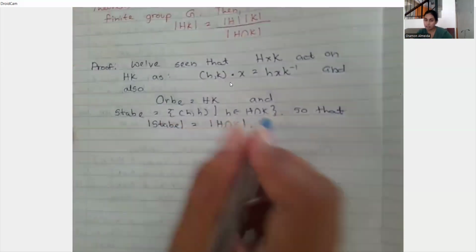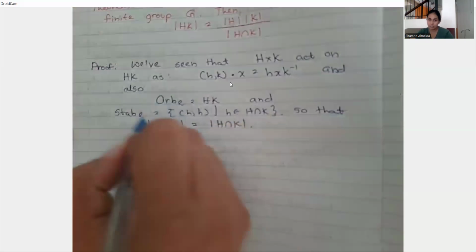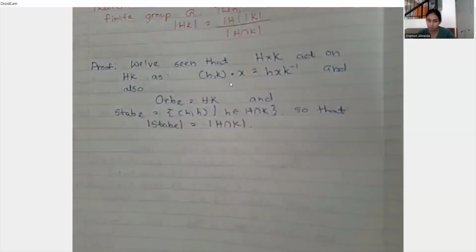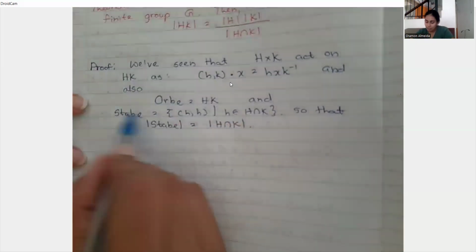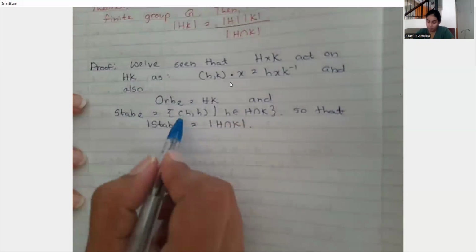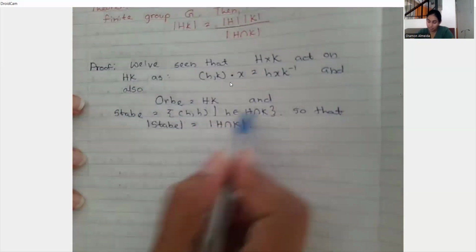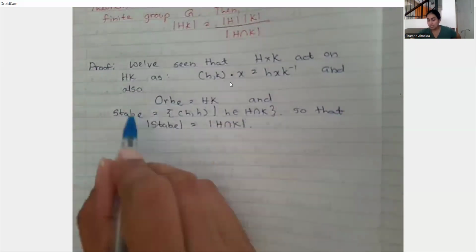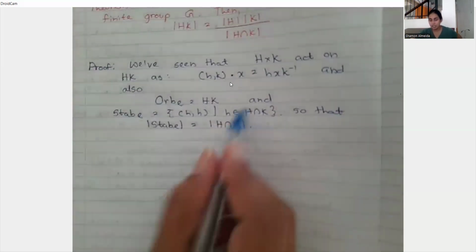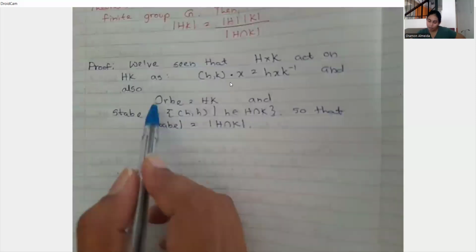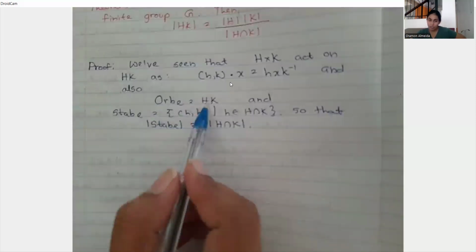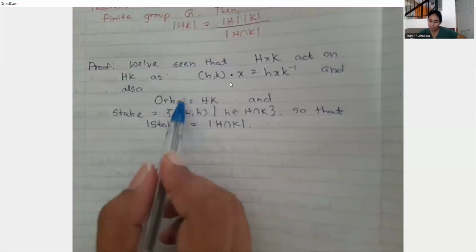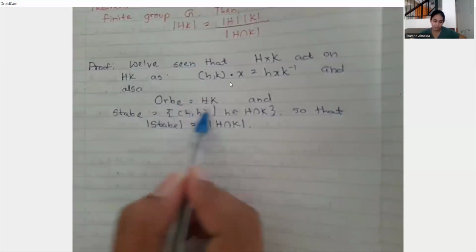Now, this intersection is finite because G is finite. The stabilizer contains elements of the form (h, h), where h comes from the intersection, so the number of elements in the stabilizer is the same as the number of elements in this intersection. When the orbit of the identity is equal to the set itself, the number of elements in the orbit is the same as the number of elements in HK.